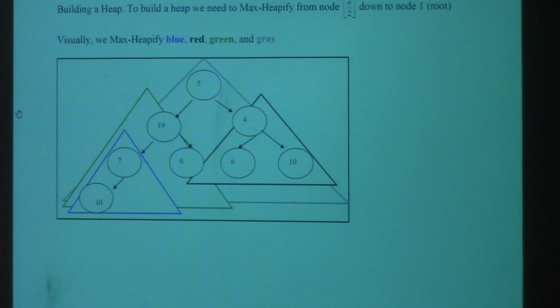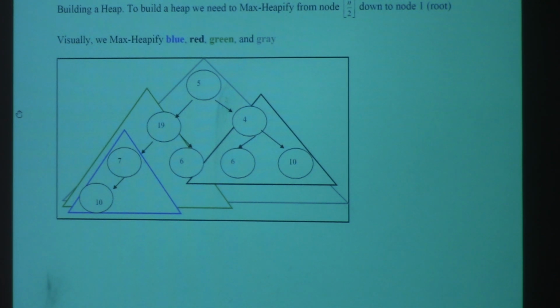Notice the 5 went down 1, 2, 3 steps. The height of the tree is basically 4, so you can only go down 3 steps with a height of 4 if you're a root. Keep that in mind, because I'm going to come back to this.